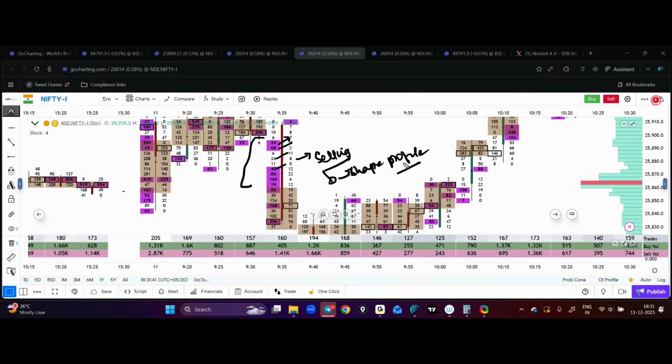I'm not seeing sellers' presence. A lot of retail traders would have jumped into buying put options or selling call options in this particular down move. And then in this up move, a lot of participants who were short from yesterday got trapped because we saw a new bunch of buyers coming in. Clear?